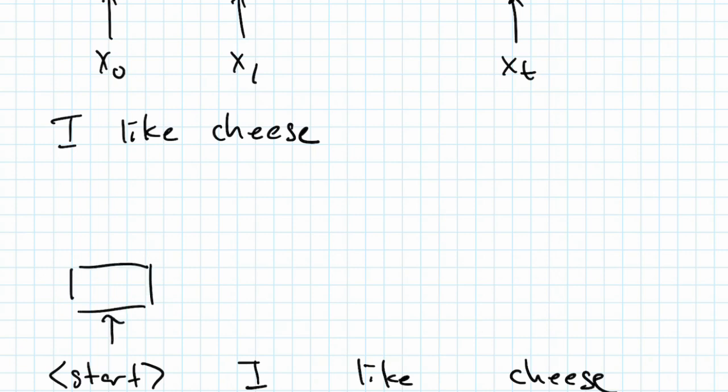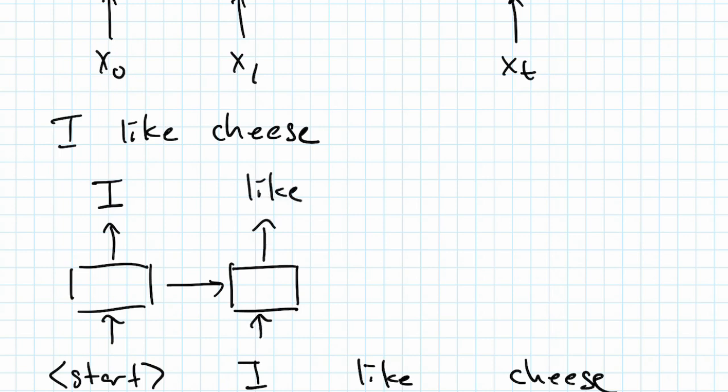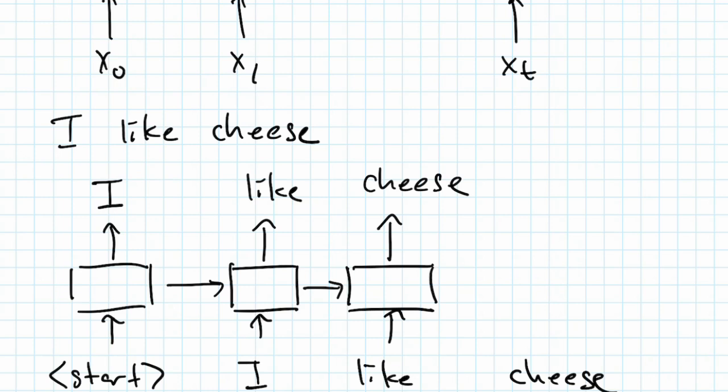And the output that we're trying to match to, the target, is, so here's I. And here's like. And here's cheese.